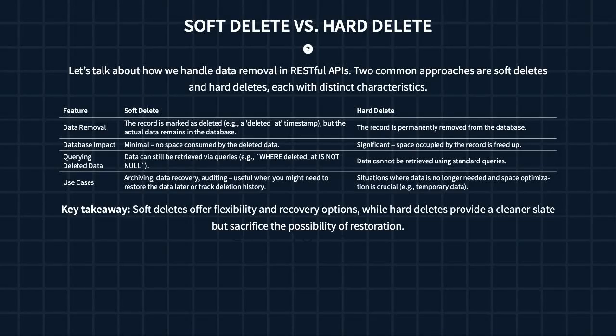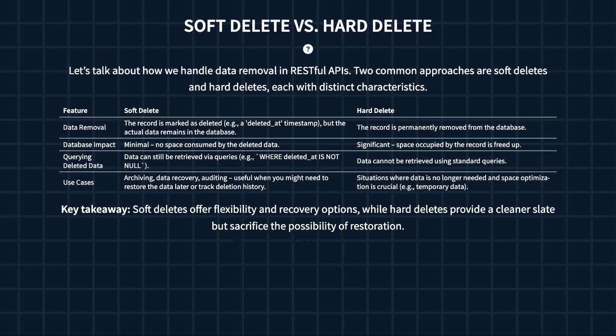Okay, let's discuss how we handle deleting data in APIs. There are two main strategies: soft deletes and hard deletes. With a soft delete, we don't actually erase the record from the database. Instead, we mark it as deleted, often by adding a timestamp to a column like deleted_at. The data still exists, allowing you to potentially restore it later if needed.